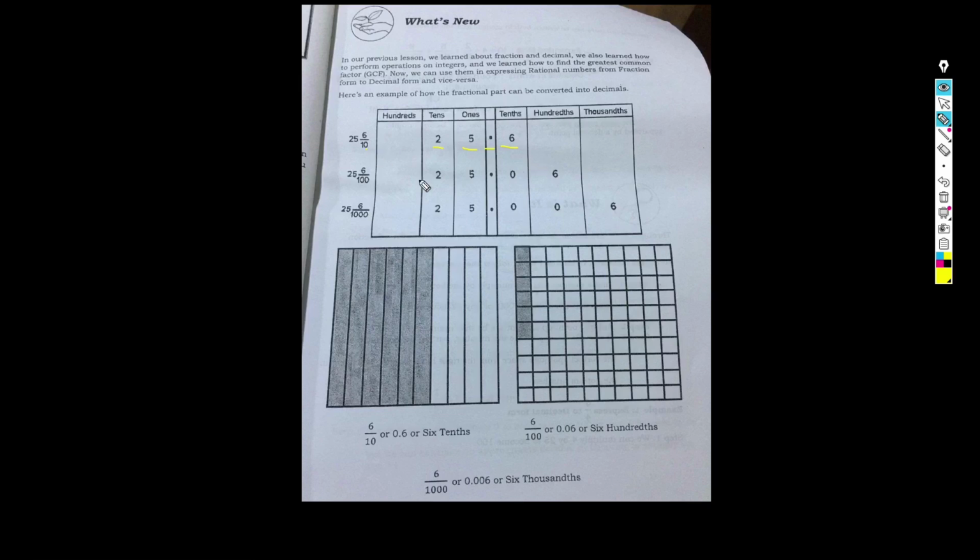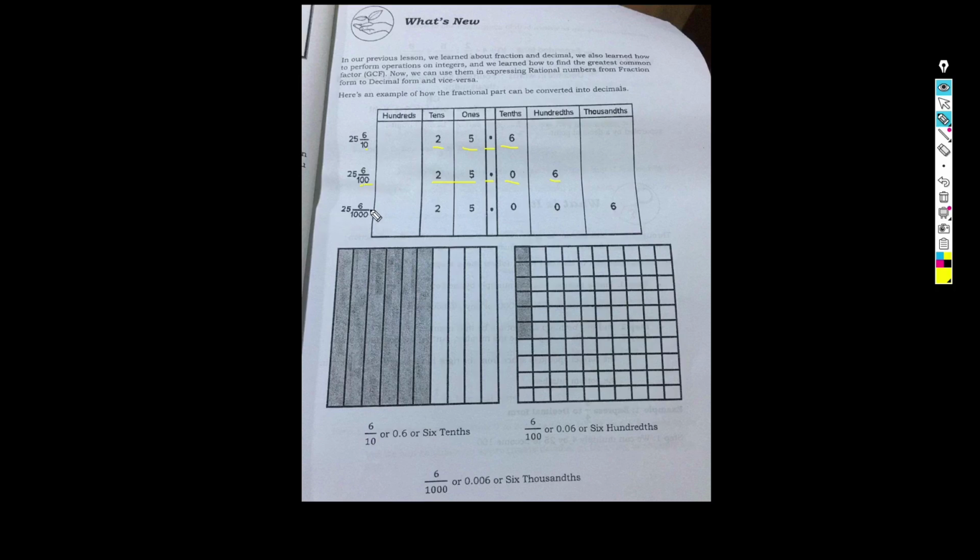Okay, and then 25 and 6/100. So that will be 25, decimal point, and the 6 goes here because there should be two places because of the two zeros of the hundredths place.